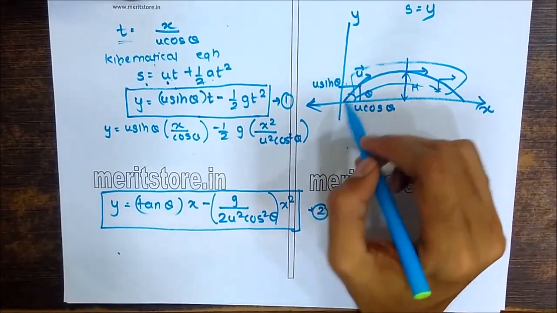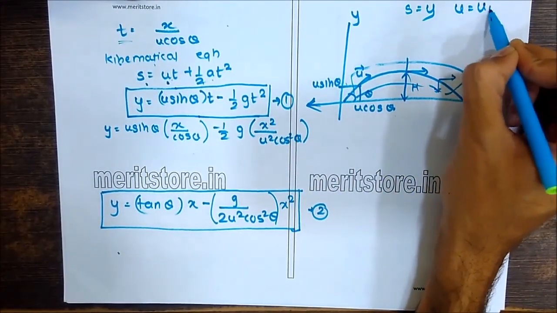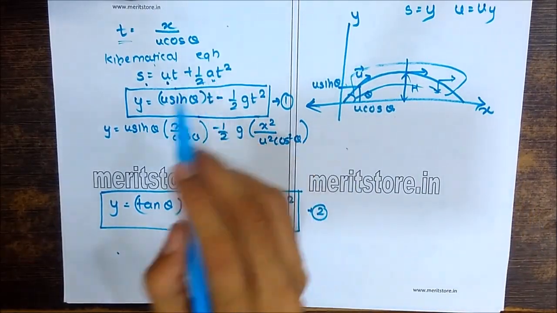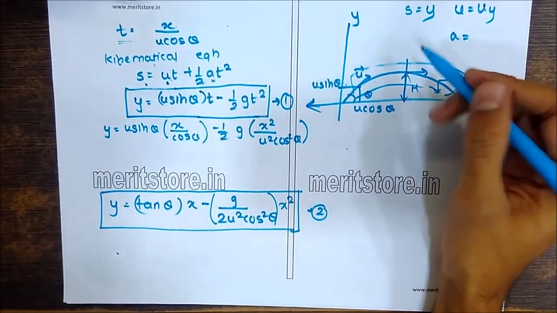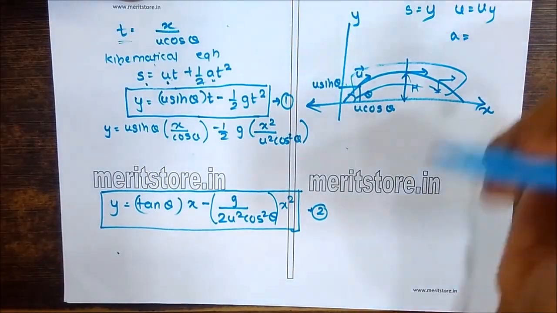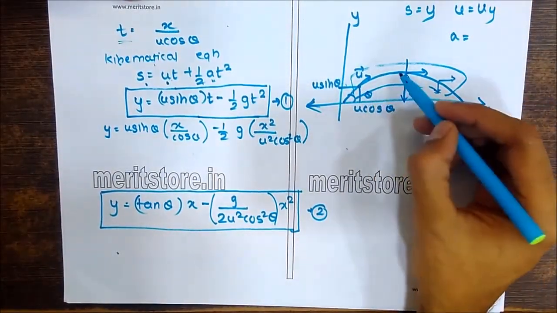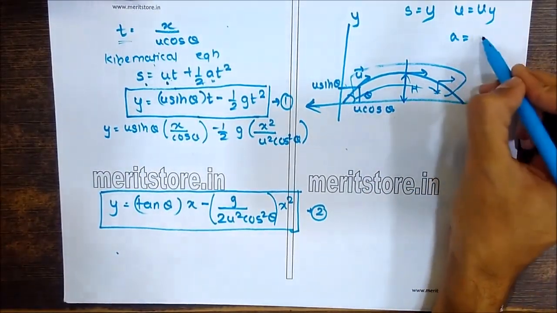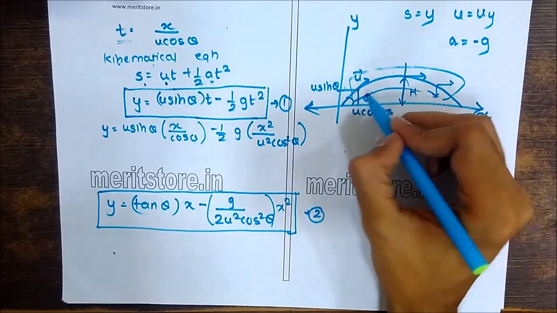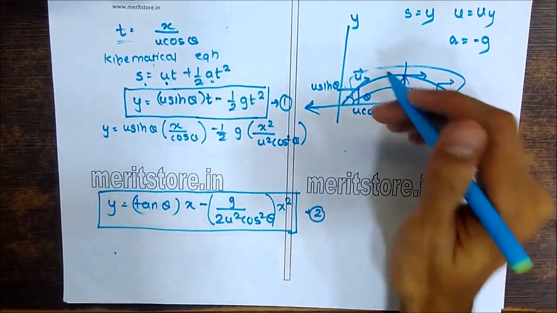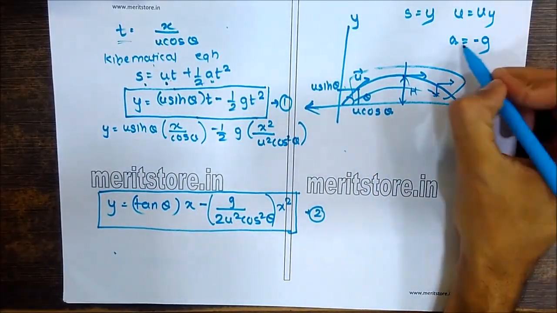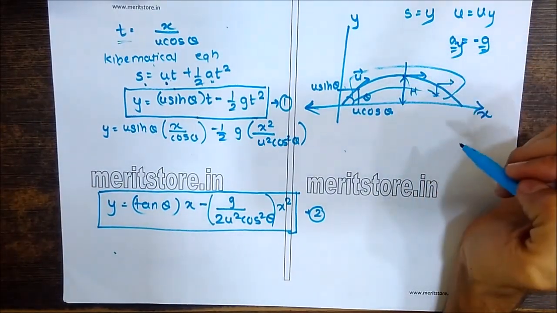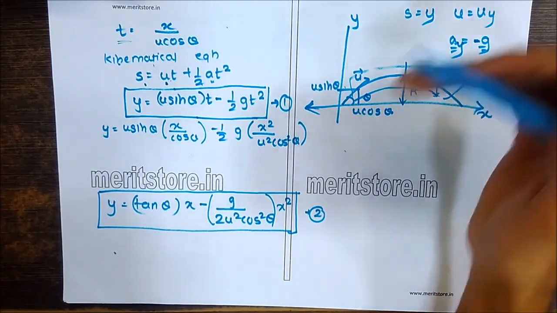When you take the displacement along the y-axis, your velocity is also along the y-axis, that is uy. And then your acceleration, while moving upwards, works in opposition to gravity. So the acceleration along the y-axis will be against the gravity g, so there is a minus sign because it is opposing.